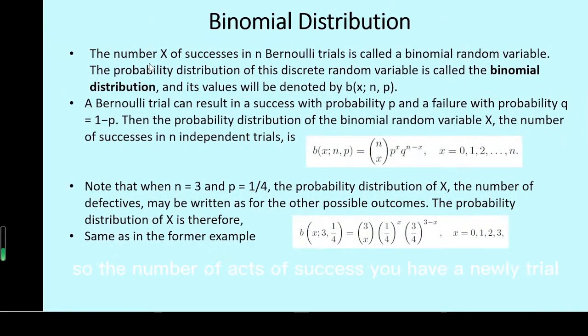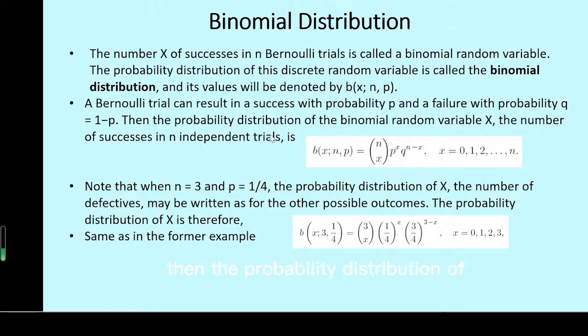The number X of successes in Bernoulli trials is called a binomial random variable. The probability distribution of this discrete random variable is called the binomial distribution, and its values will be denoted by b(x; n, p). The Bernoulli trial can result in a success with probability p and a failure with probability q, where q equals 1 minus p.